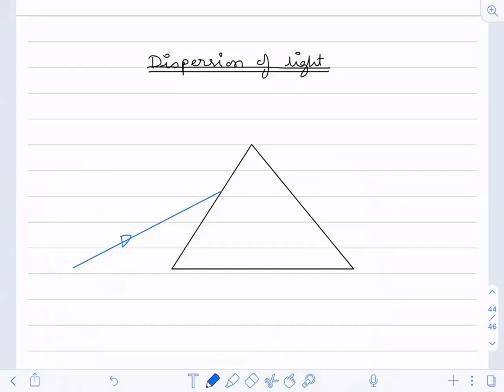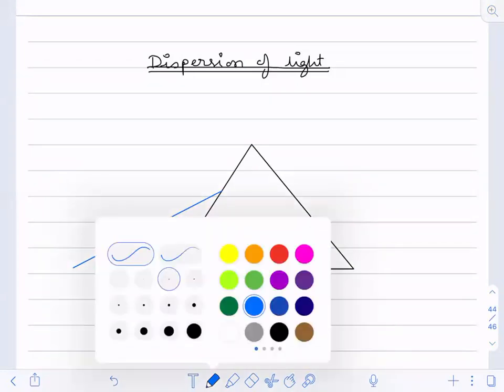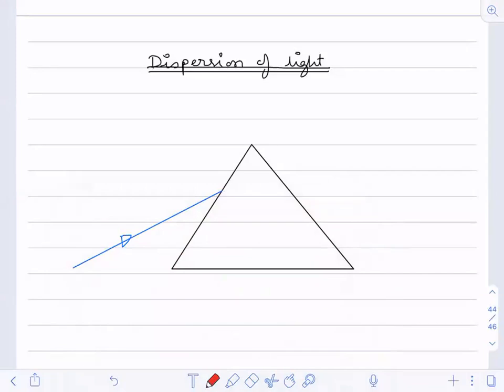Now, splitting, how you have to draw? You have to do one thing: the incident light will always bend towards the base of the prism. Understood? So if you have to draw it, it should bend like this. All the light should bend like this.